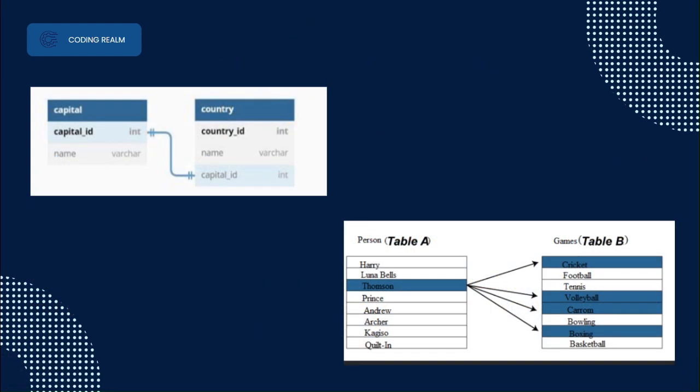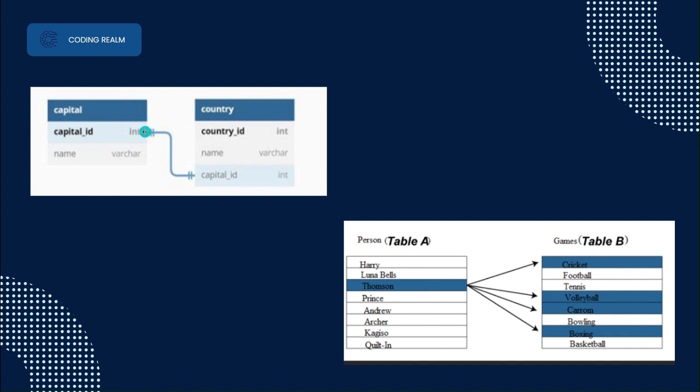Look at these examples. In the first one, we have table A and table B. In table A we have capital ID and capital name. In the second table, table B, we have country ID, name, and capital ID. This is an example of the one-to-one relationship.